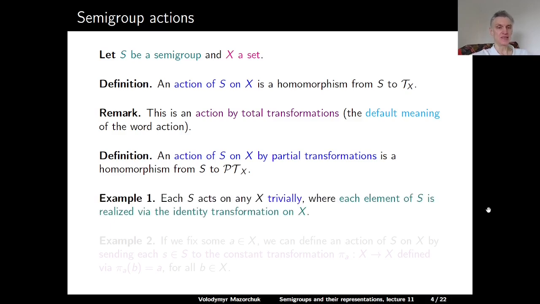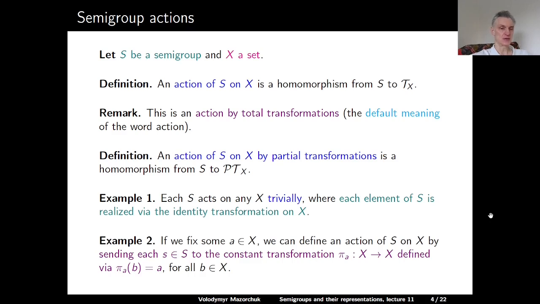So for example, any semigroup S acts on any set X trivially, where we realize each element of S as the identity transformation of X. So our homomorphism sends the whole of S to the identity transformation of X. A little bit more complicated example: if we fix some element a in X, we can define an action of our semigroup S on X by sending each element s in S to the constant transformation π_a, and that's a transformation which takes the whole of X and sends it to our fixed element a.